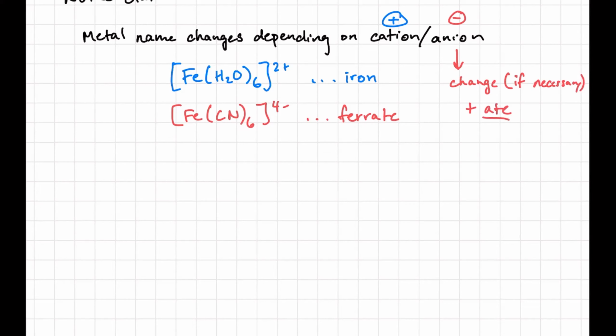And my easy trick to determining if you need to change the name or not is to look on the periodic table. So iron, using this example, the word iron is spelled like that, but on the periodic table, it's Fe. So if at any point the name spelled out in English doesn't match what it is abbreviated on the periodic table, that's how you know you need to change the name in the ion form.